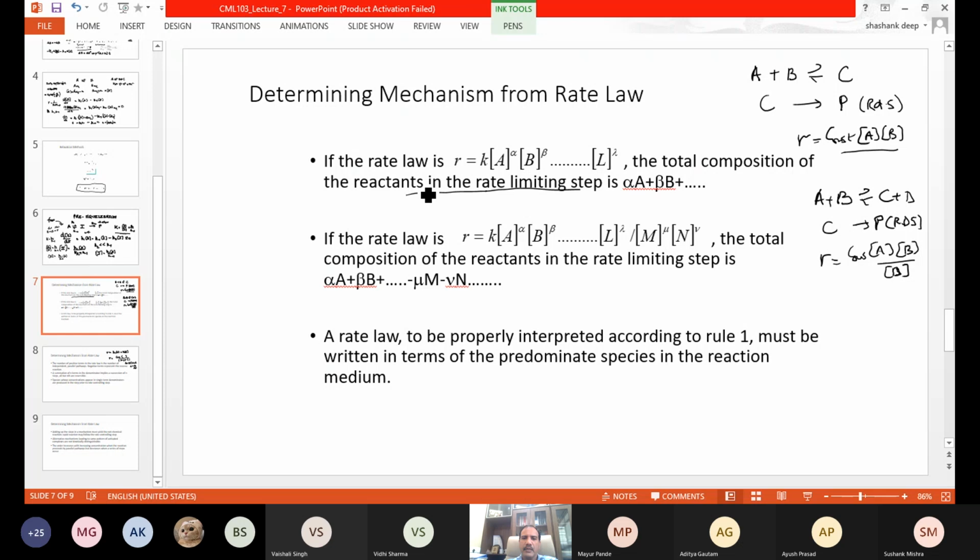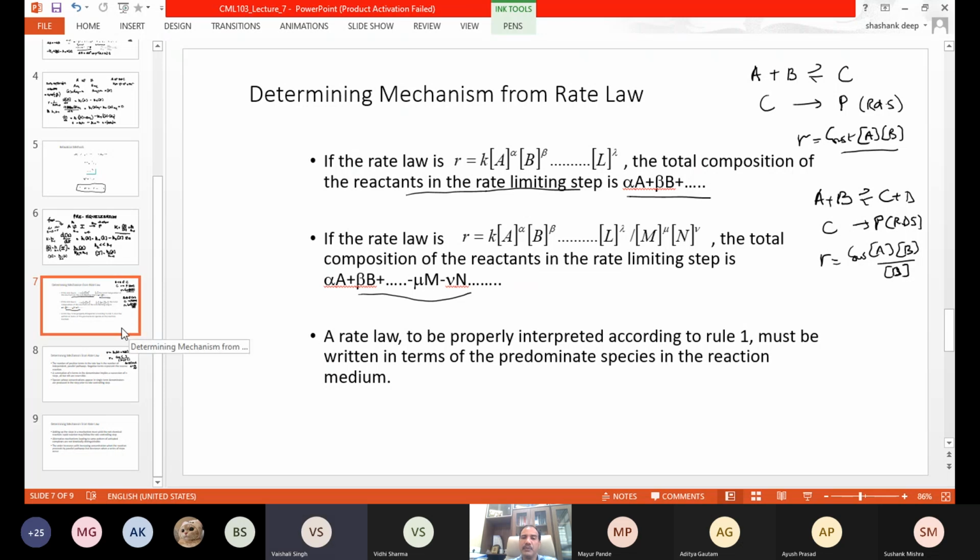If the rate law is R is equal to this, that is the total composition of reactants in the rate limiting step. It should be a rate limiting step, only then this is the composition. If the rate law is this, then this is the composition, which we just discussed. You can basically derive it with these two rules.